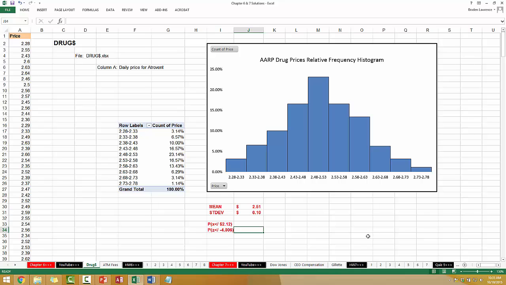So out on this lower tail leftward, our x value would be $2.12 with the mean equal to $2.51 and a standard deviation of 10 cents. And we will do TRUE for cumulative since we are working with the lower left tail, so cumulative up to the $2.12. So we see the probability is essentially 0 for a drug price less than or equal to $2.12.